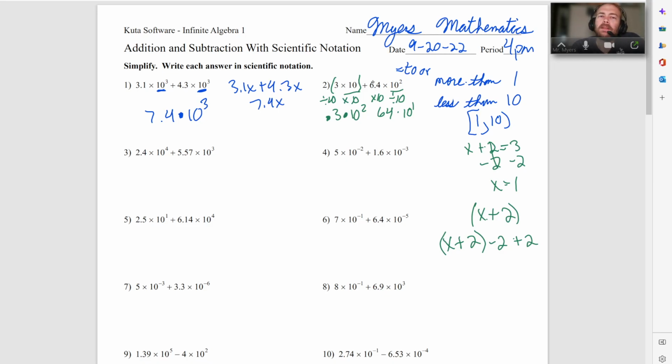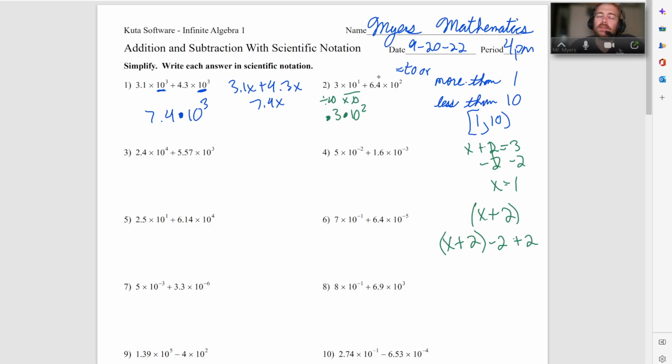So, typically what you want to do is take the power that's the smaller of the two and make that power bigger because it makes the number smaller, and then when you add them up, it's likely that that answer will still be in scientific notation, so it's less work.